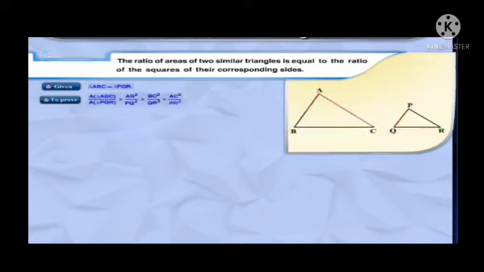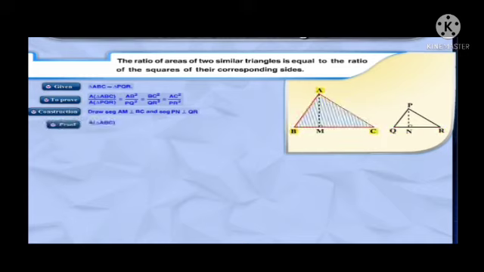Now to prove this, we need to draw a construction. So draw segment AM perpendicular to BC and draw segment PN perpendicular to segment QR. Now, let us prove this. Area of triangle ABC upon area of triangle PQR is equal to BC into AM upon QR into PN.